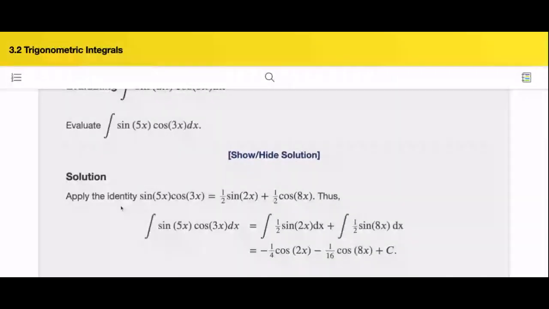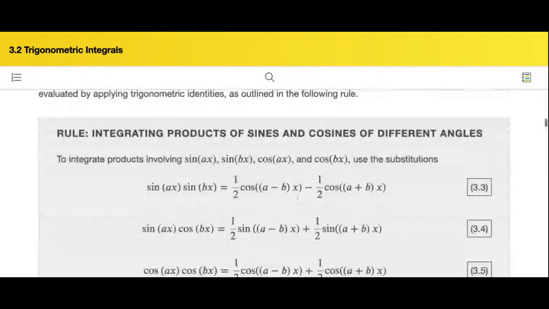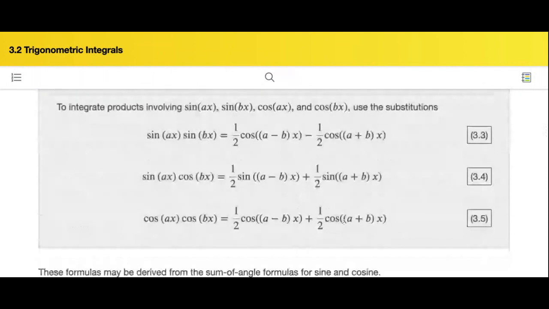So apply the identity sine 5x cosine 3x equals half of sine 2x plus half of sine 8x. If the exam has this, and I will make the midterm and the final, if I do make these kind of questions, I'm not going to require you to memorize this.